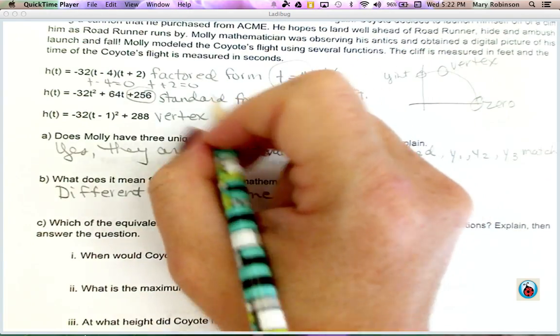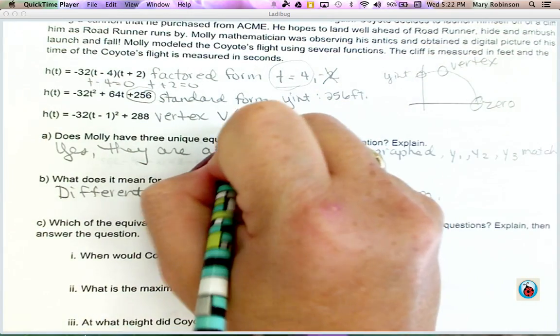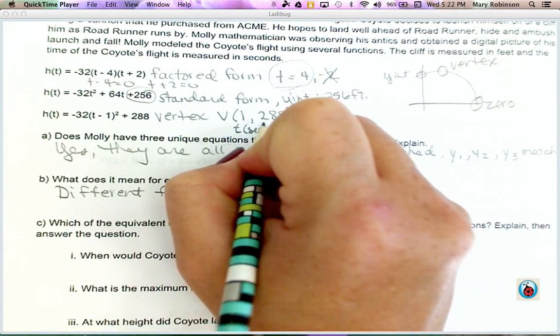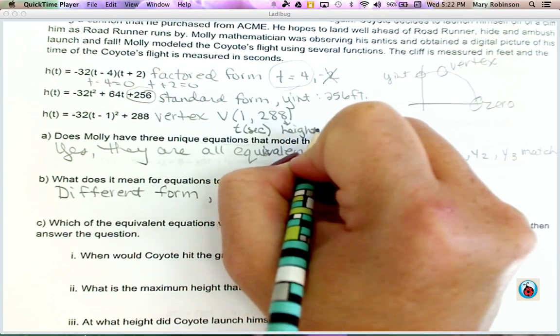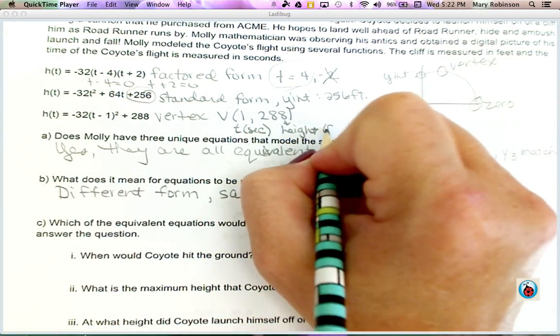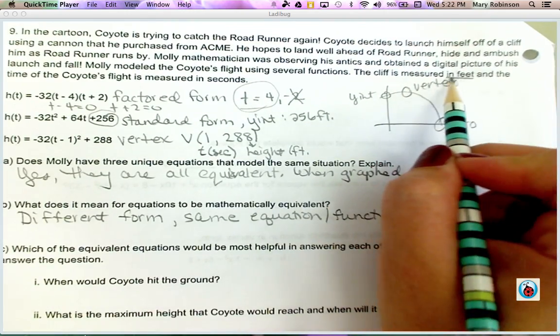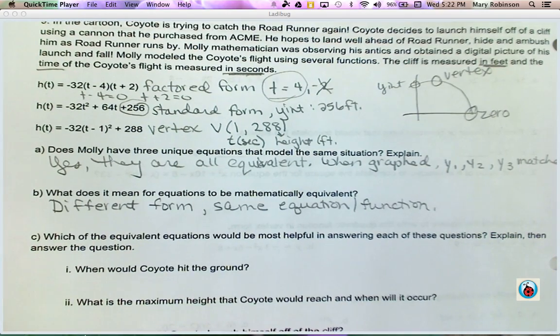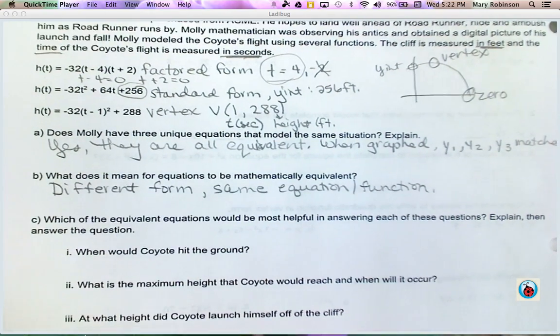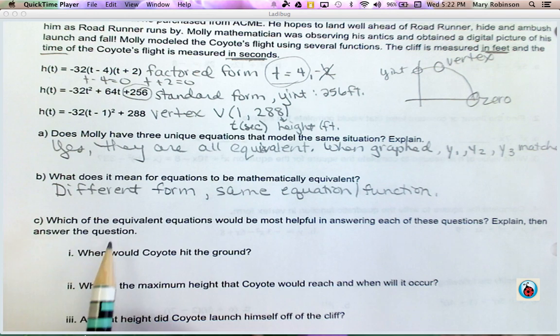So remember that your x values here, your input is time, and specifically time in seconds, and that here, this represents your height. And let's assume feet here. It says up here, cliff is measured in feet, coyote's time is in seconds. Okay? So because we understand all that, we can determine which equivalent equation would be most helpful for identifying when the coyote hits the ground.